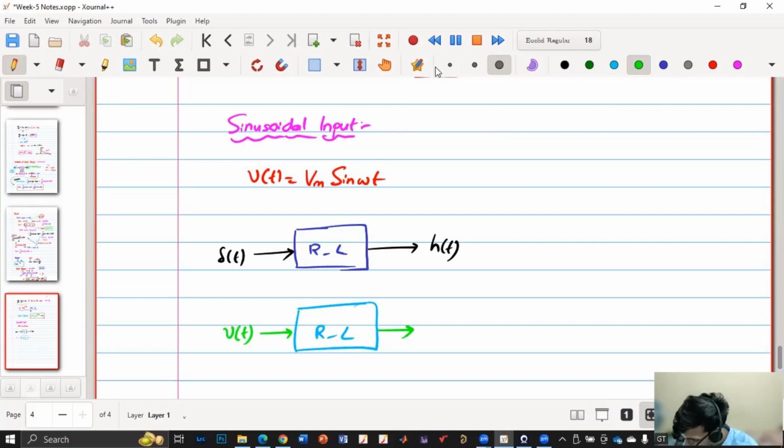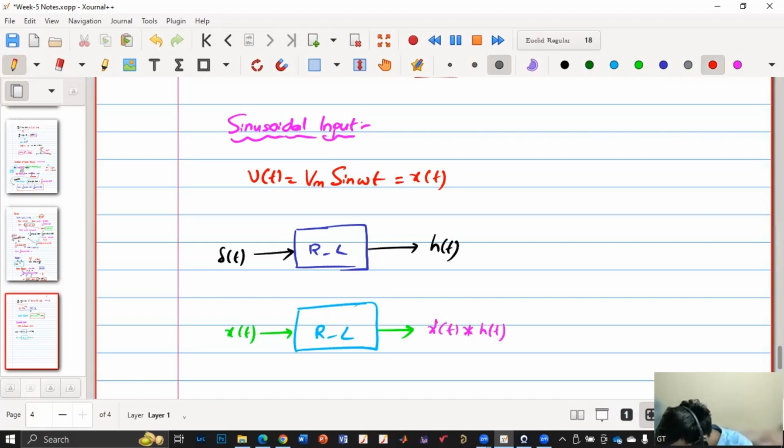Here, instead of V of t, I would like to call it X of t, so that our notations are uniform and we can easily understand. So this is my X of t. From the convolution theorem, I know that this output is X of t convolved with h of t.